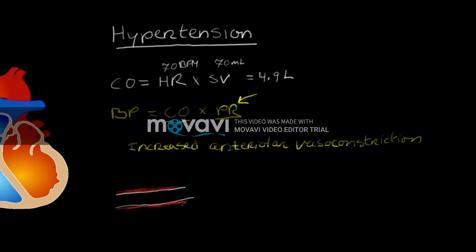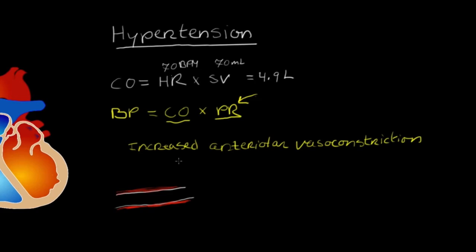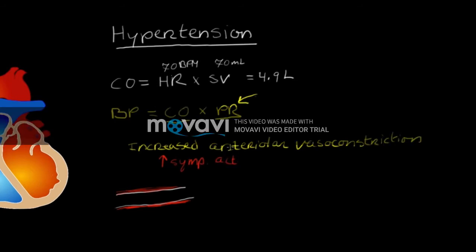And anytime you hear muscle, you should think that there's contraction that's possible, right? So if there's increased sympathetic activity, so I'm just going to put symp act. Increased sympathetic activity, the sympathetic nervous system is releasing norepinephrine and epinephrine, basically adrenaline. That is going to cause constriction or contraction of that smooth muscle layer.